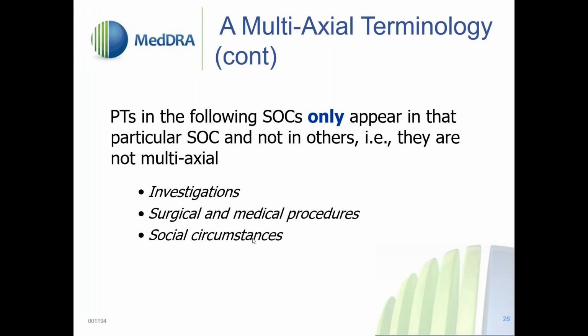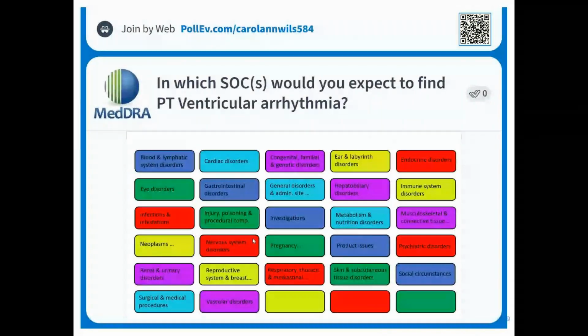Okay, then let's continue with the next poll questions. In which SOCs would you expect to find the PT ventricular arrhythmia? Do you think this is a multi-axial PT, or what would you think? Yeah, most of you got it right.